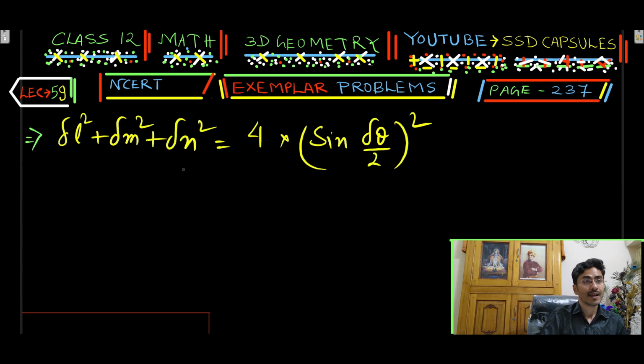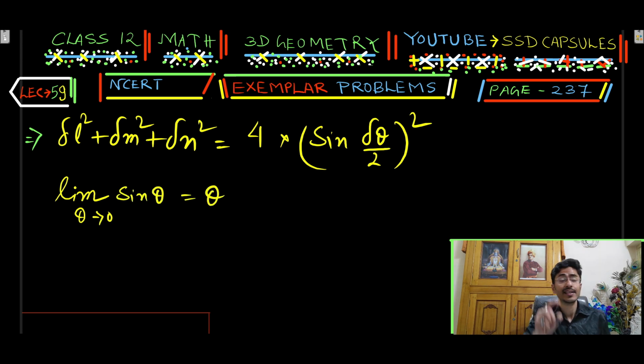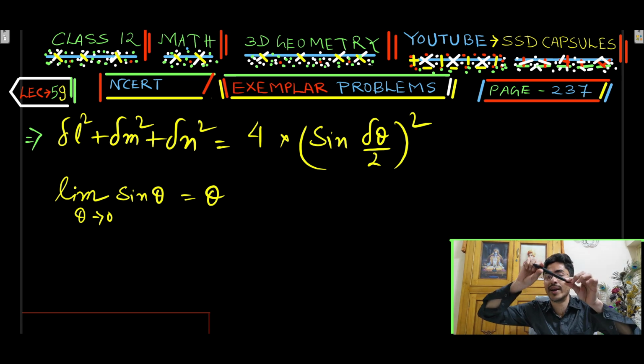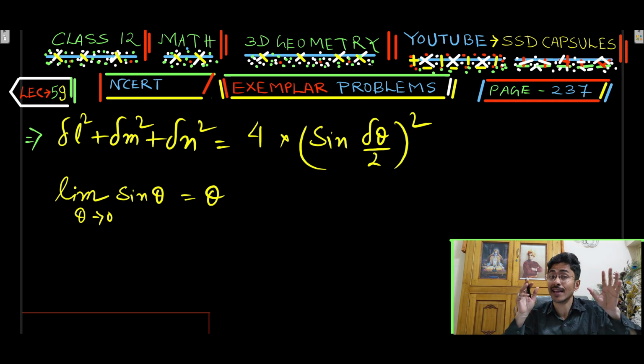Now we also know from the differential calculus limit chapter that as θ tends to 0, sin θ equals θ. That is, if the value of θ is very small, then the value of sin θ is equal to θ. Here also in the question it is given that the line is rotated through a small angle Δθ. That is, the angle Δθ is very small.